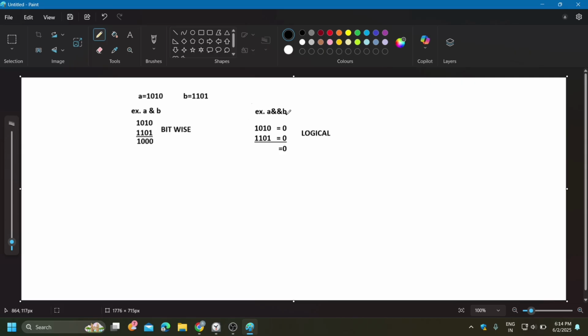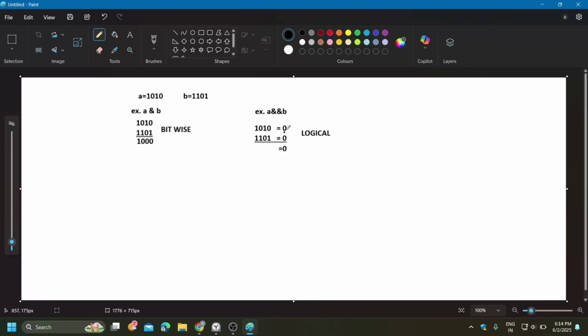And in this logical operation, they will first perform the AND operation within this input. So 1 and 0, 0; 0 and 1, 0; and then 0 and 0, 0. So 0. This is the AND operation within input A. Similarly, they will perform AND operation within input B. So 1 and 1, 1; 1 and 0, 0; and then 0 and 1, 0.